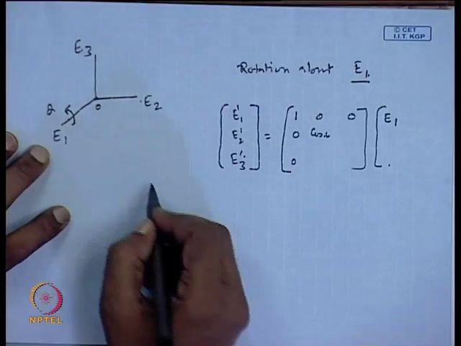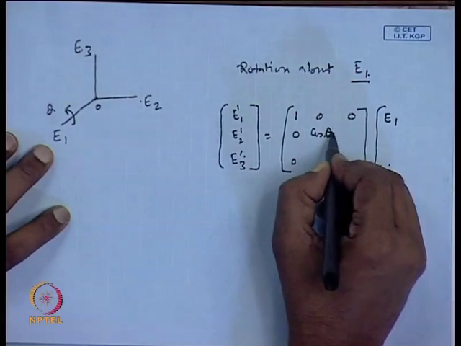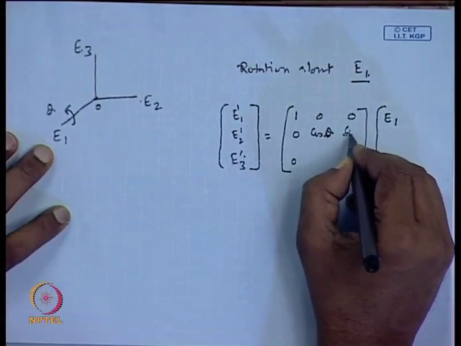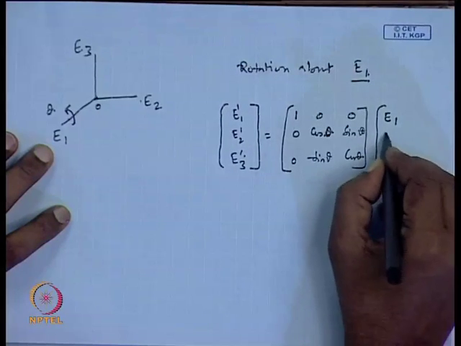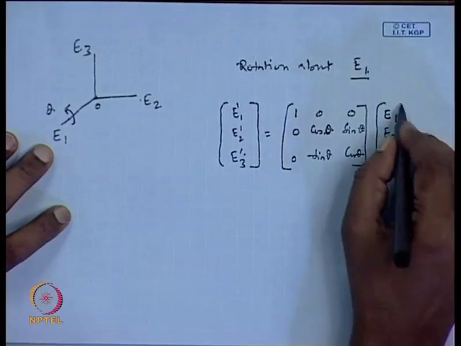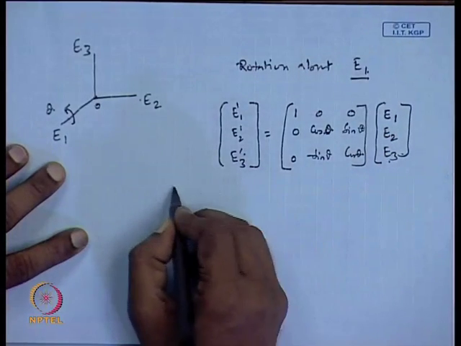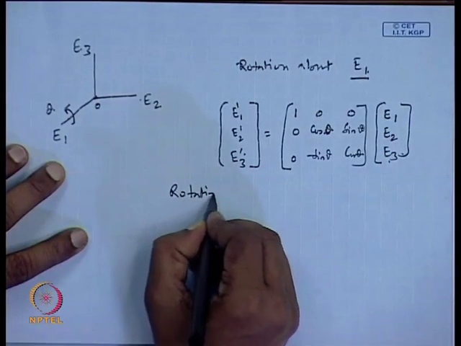Okay, you are rotating about this. So, if you are rotating by theta, this becomes cos theta, sin theta, minus sin theta and cos theta.